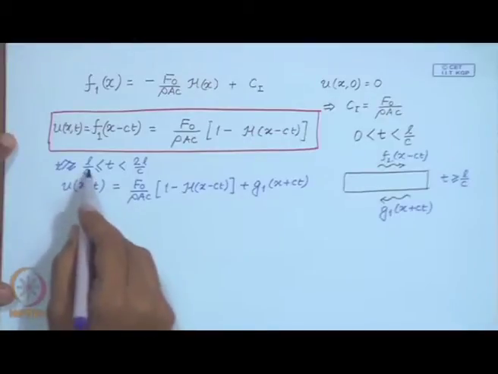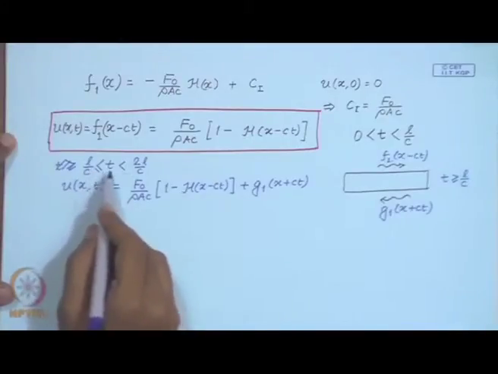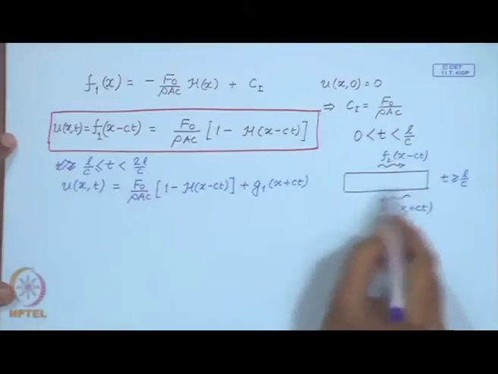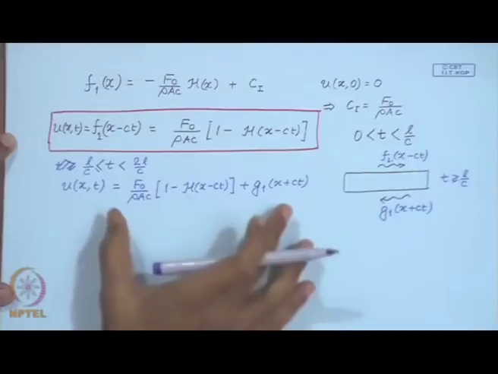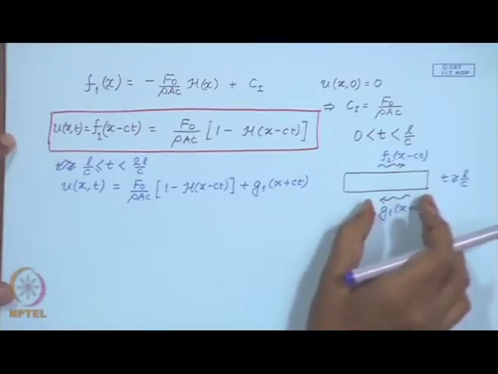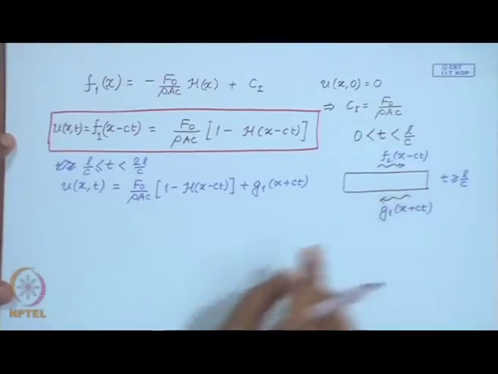This is valid for t greater than L over c, but less than 2 L over c, when this solution goes and hits the left boundary again. But let us restrict now to what happens just when this has reflected.